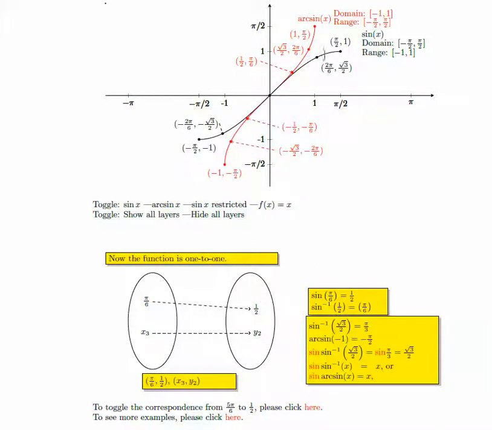Again, since we switched, the domain and the range will be switched. Originally, from negative pi over 2 to positive pi over 2, it was the domain, now it is the range. Originally, the range was -1 to +1.